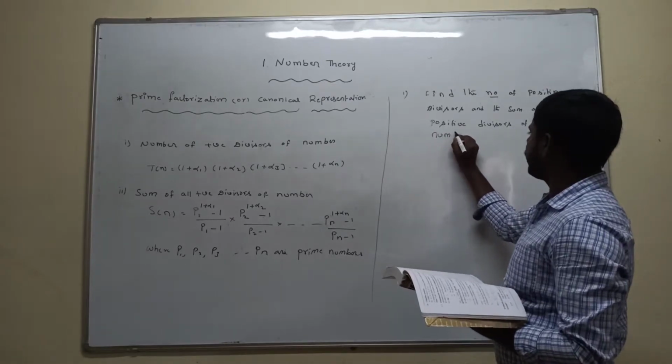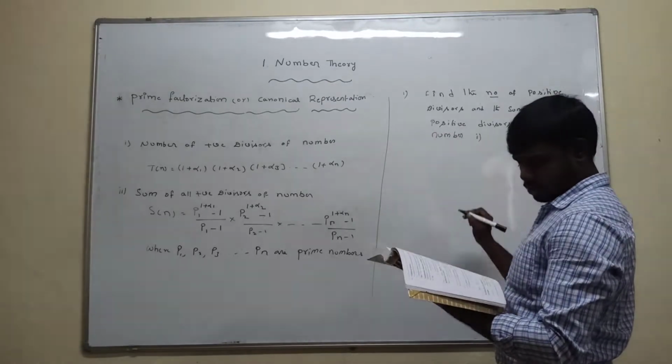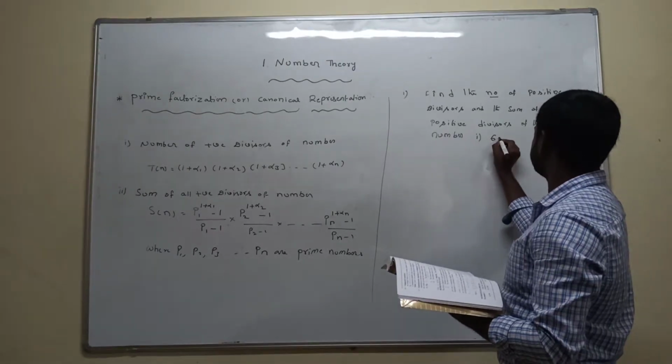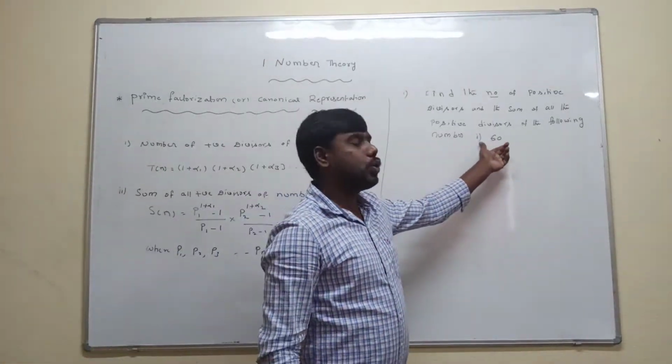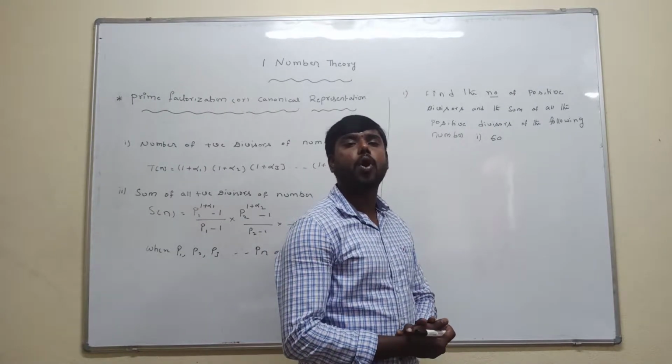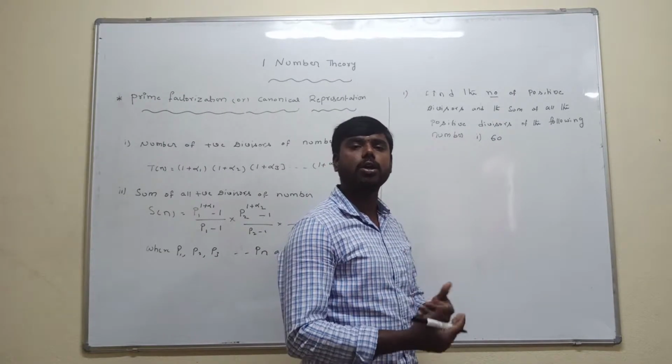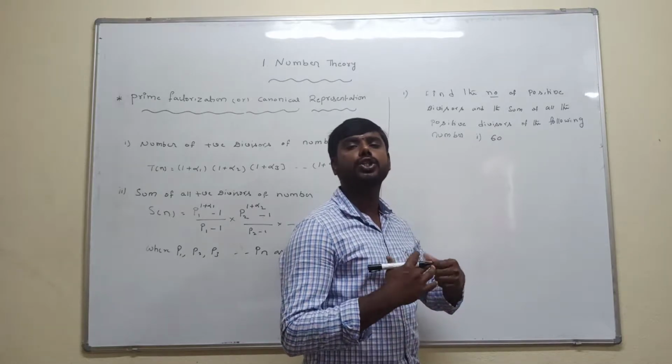This is a question here, students. The first number given is 60. Here, given 60, we need to find the number of positive divisors and the sum of all the positive divisors.